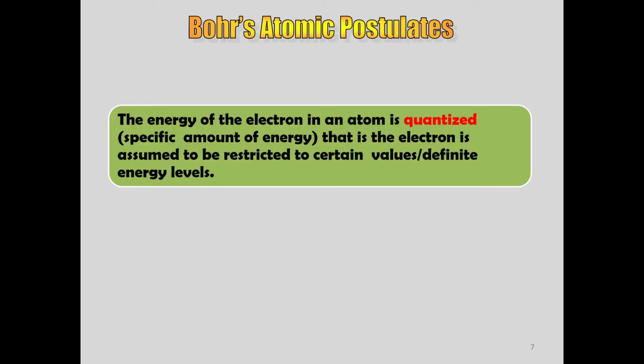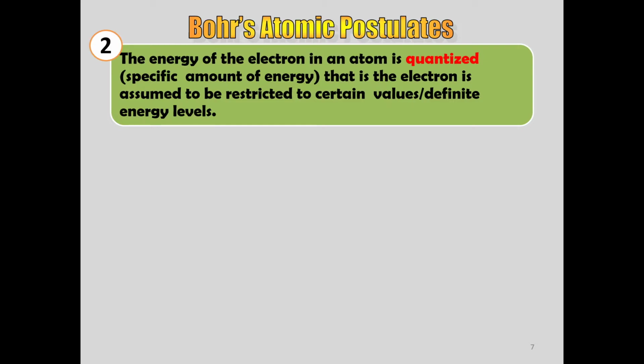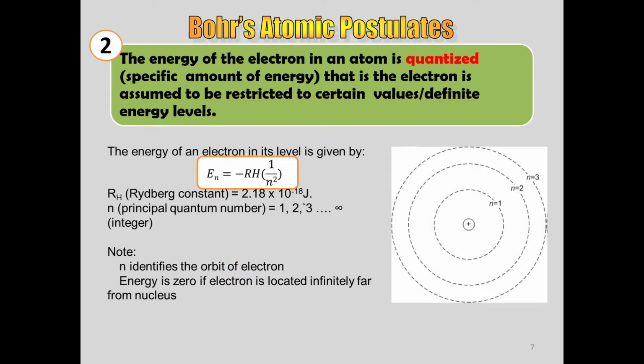So, kita akan tengok second one. Okay, the energy of the electron in an atom is quantized. Okay, so we are defined by this formula. So maksudnya macam saya cakap tadi, lagi jauh orbit dia, lagi tinggi energi dia kan.